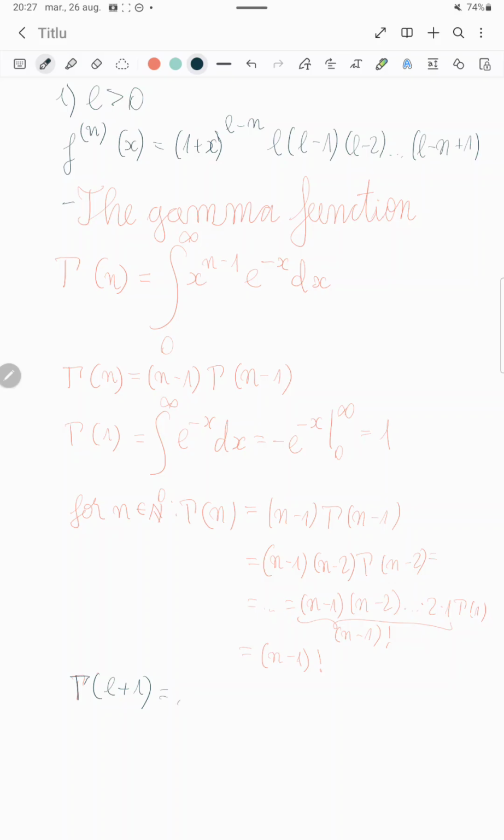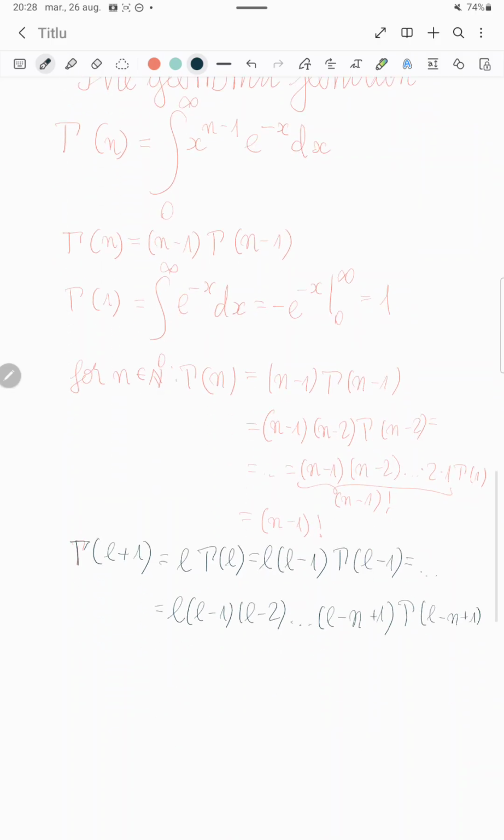It'll be equal to L times gamma of L, which will be further equal to L times L minus 1 times gamma of L minus 1, and so on. So we'll continue with this logic, and finally we will get to this relationship: L times L minus 1 times L minus 2 times ... times L minus n plus 1 times gamma of L minus n plus 1.